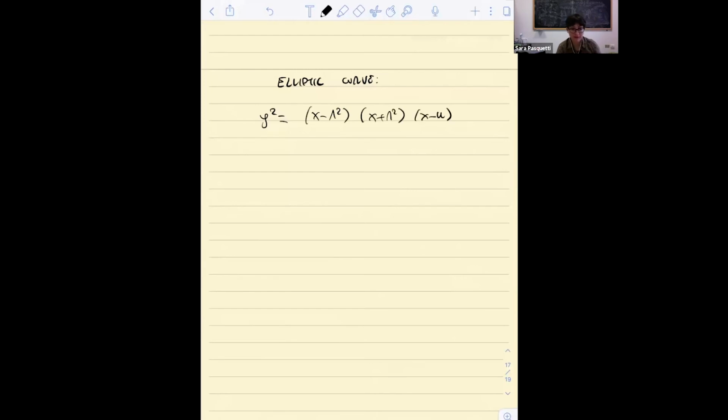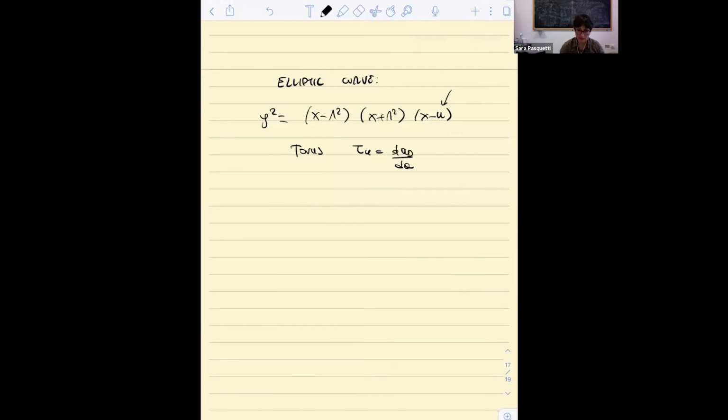This is actually a family of elliptic curves parameterized by the parameter U. This is basically a torus, and the modulus of this torus is dA dual over dA, which we want to understand in terms of the periods of this curve.